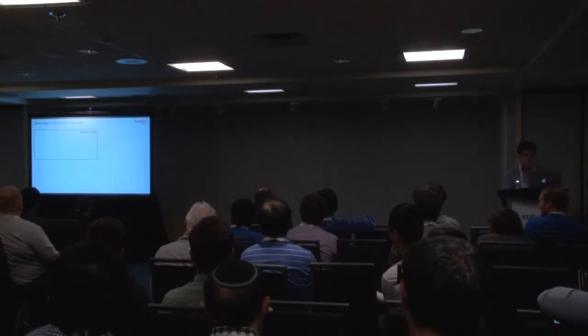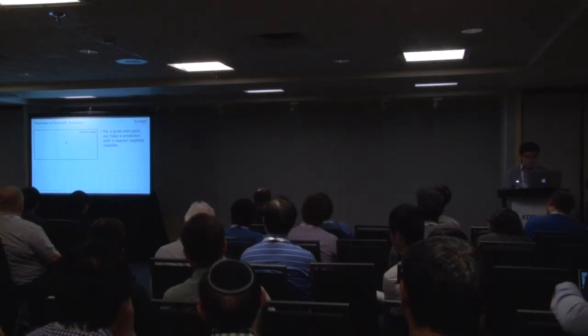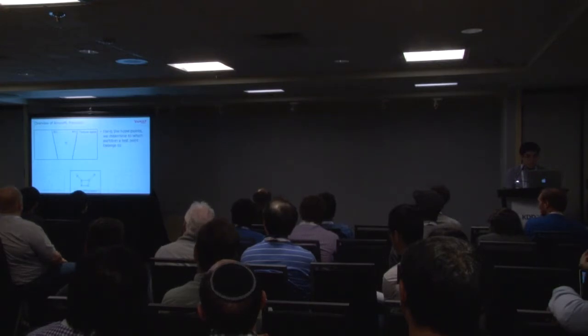For a given test point, we make a prediction with a k-nearest neighbor classifier in the embedding space. Since we constructed the embedding space to allocate samples that have similar labels closer, the k-nearest training points to a given test point in the embedding space are expected to have similar labels. Using the learned hyperplanes, we determine to which partition a test point belongs.